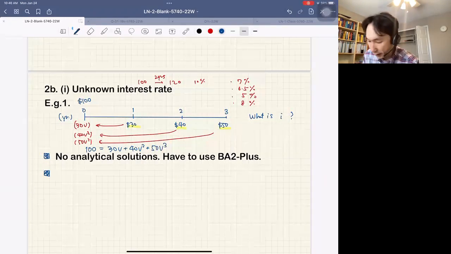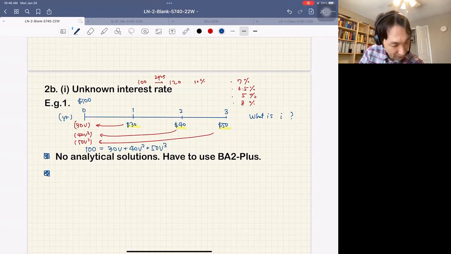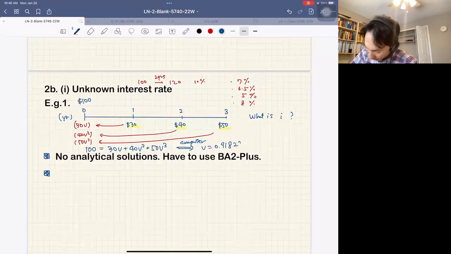And we cannot solve this by hand because this is a 3-degree polynomial. If we don't use Ferrari's solution to this polynomial, we cannot do that. But if you use a computer, we can identify it, and V is equal to 0.91828.